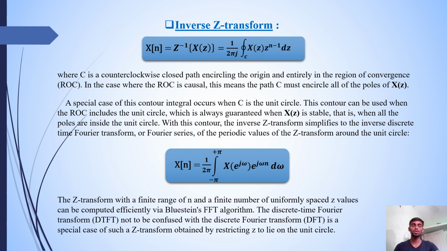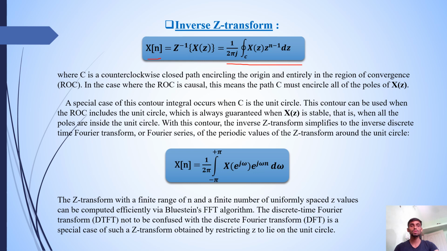Now we are going to explain the inverse Z transform, to find x of n by using x of z. This is the formula to find x of n: 1 by 2 pi j, the integration of x of z into z power n minus 1 with respect to z, where C is a counterclockwise closed path circling the origin and lying entirely within the region of convergence.